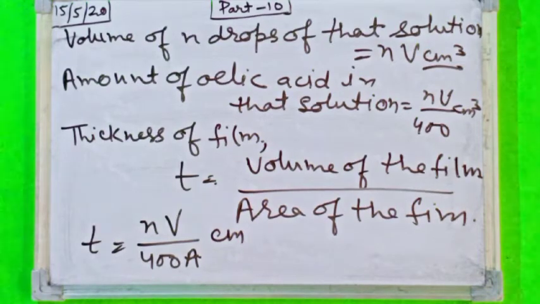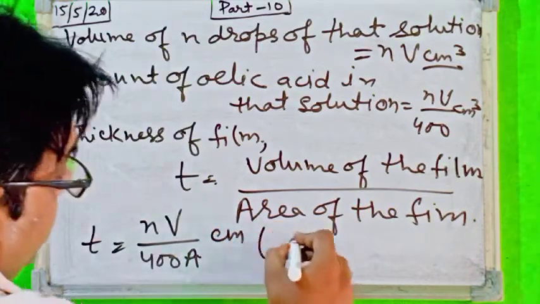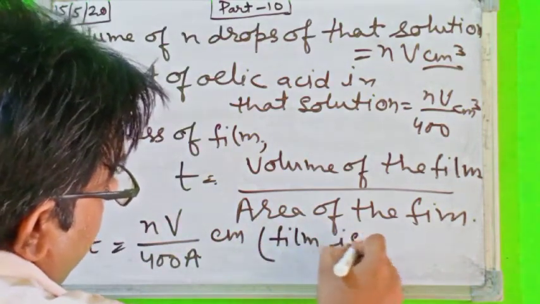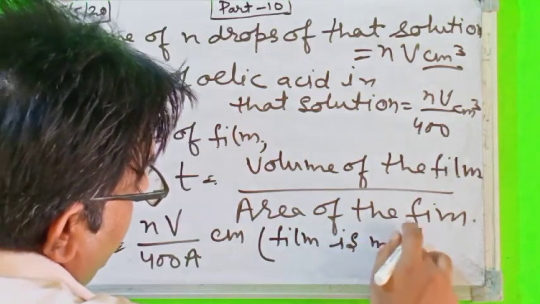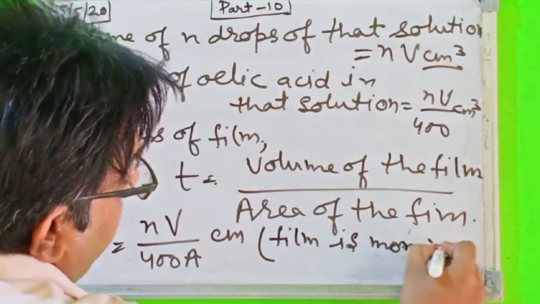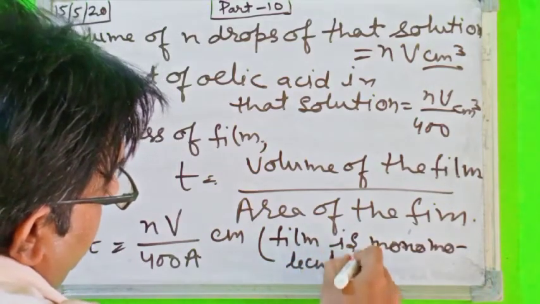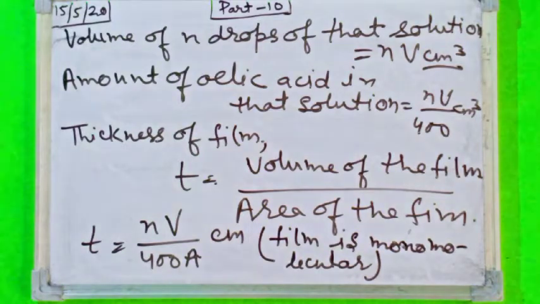Now, if we consider the film to be monomolecular, whatever film we obtained over the water surface has a single layer of oleic acid molecules, so it is monomolecular.